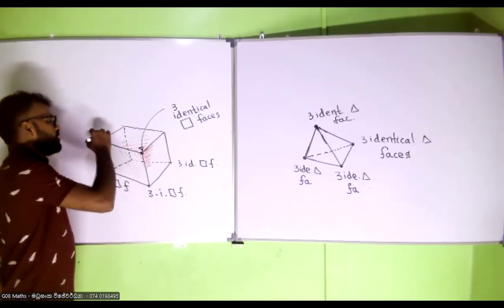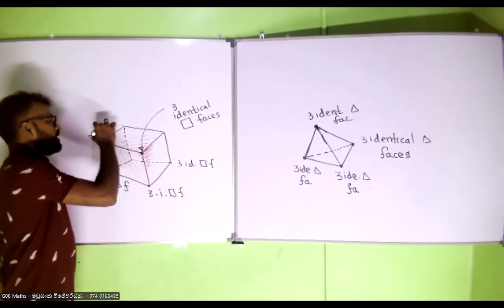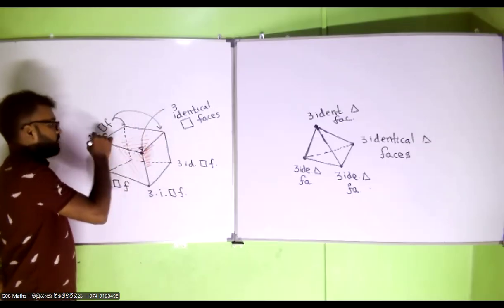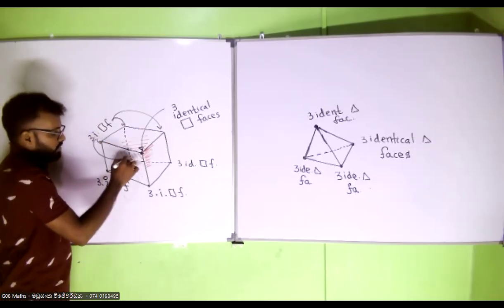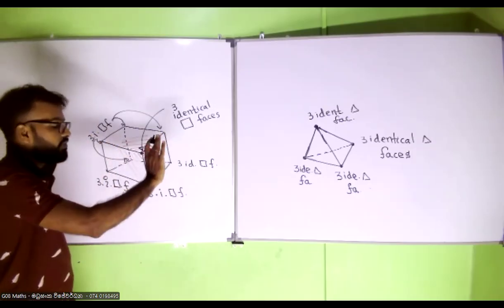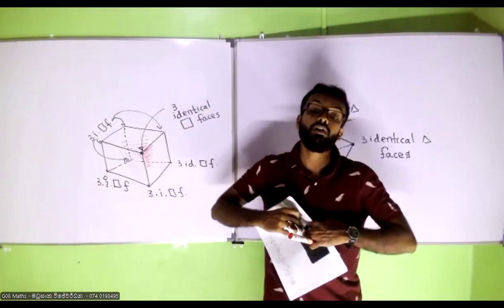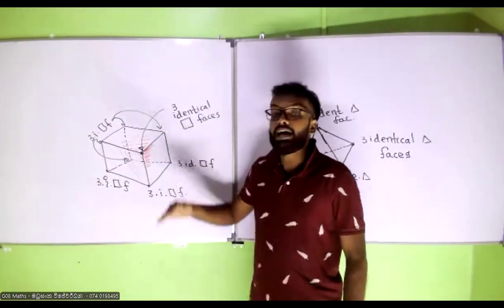Each and everywhere you have 3 identical square faces. For this one, for this one, for this one, for this one as well. Each and everywhere you have the same number of identical square faces for a cube as well.